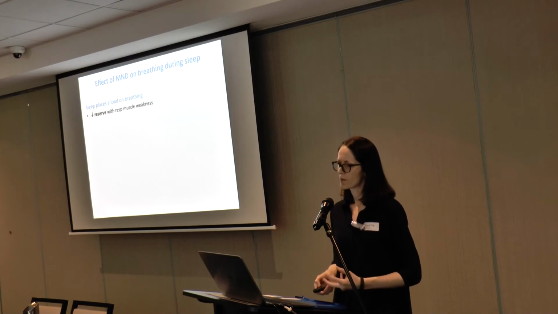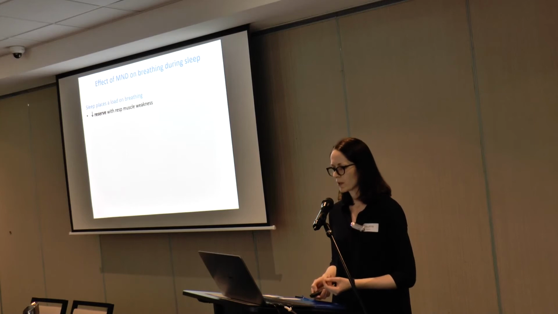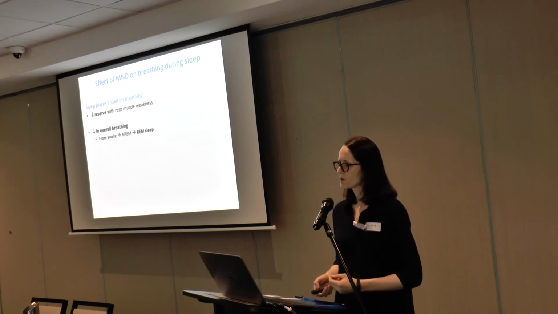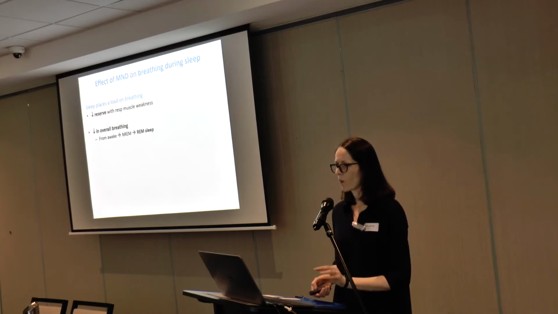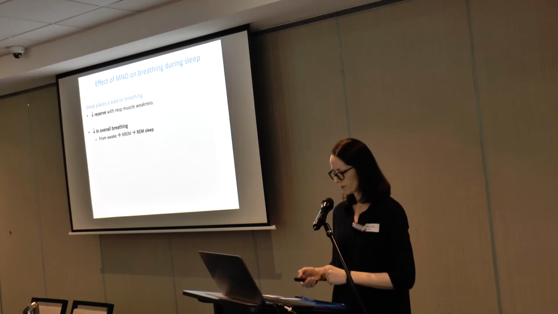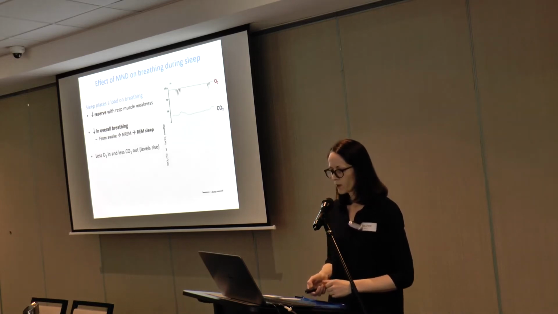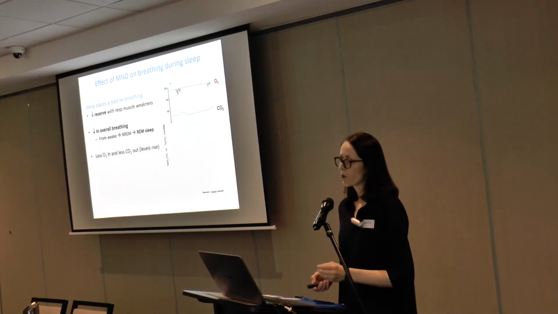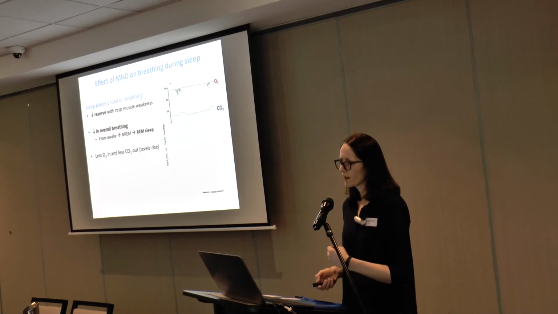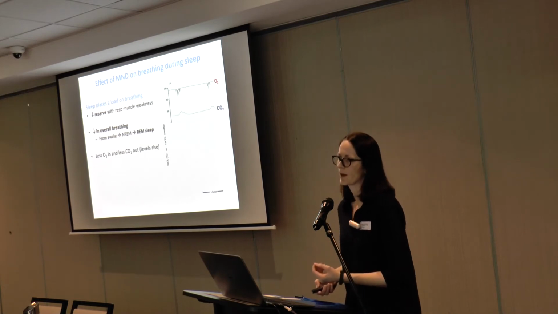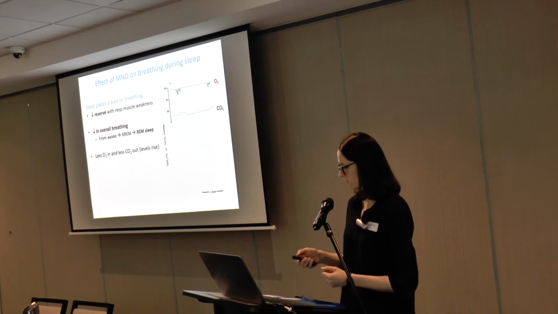However, if the respiratory muscles are weakened, that means there's a reduction in the reserve that we've got to cope with this load from sleep. This can cause a reduction in overall breathing, which tends to get worse as you go from wake to non-REM sleep to REM sleep. It can cause less oxygen going in and less carbon dioxide going out, meaning the carbon dioxide levels can rise.